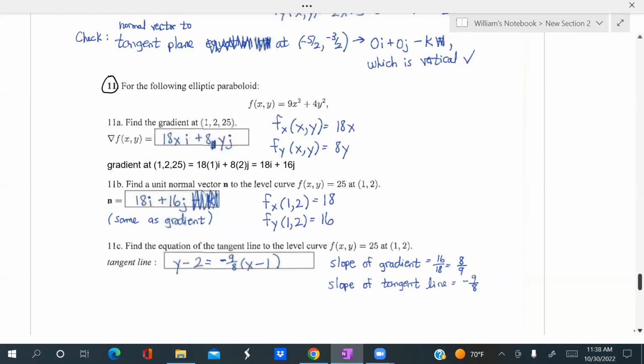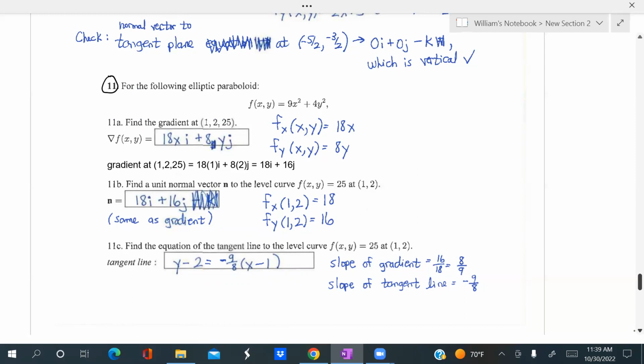And we want to find the gradient, right? So that is the direction of maximum slope at the point 1, 2, 25 on this surface. And that is a point on the surface. When you plug 1 in for x and 2 in for y, you'll see z, or the output value here, turns out to be 25. So what is the gradient at that particular point?